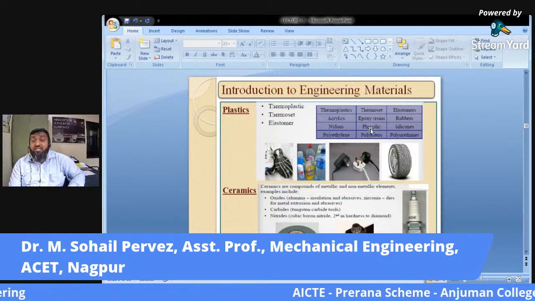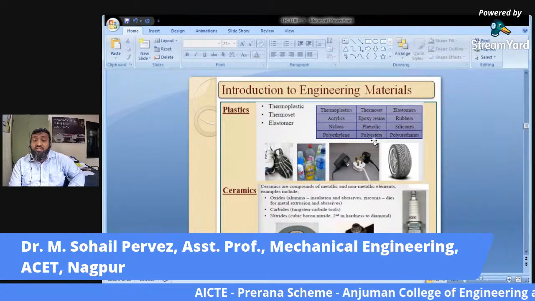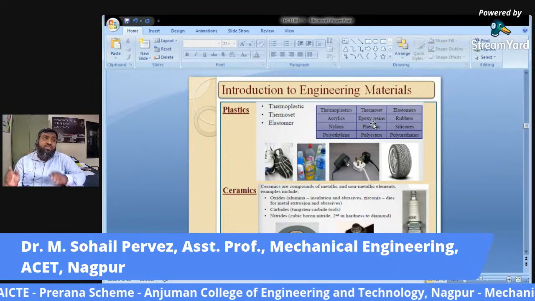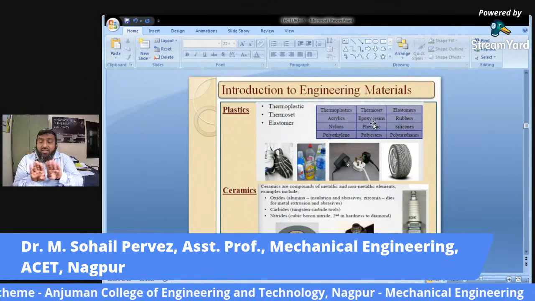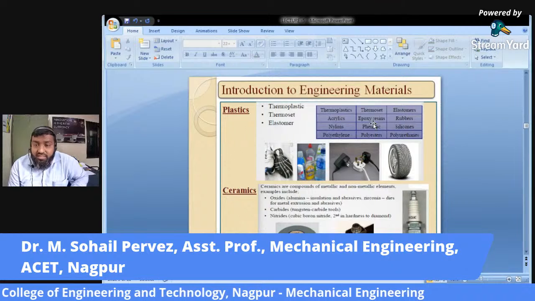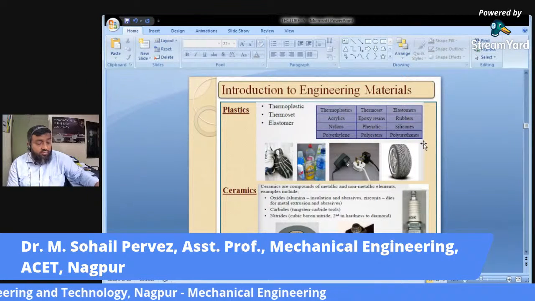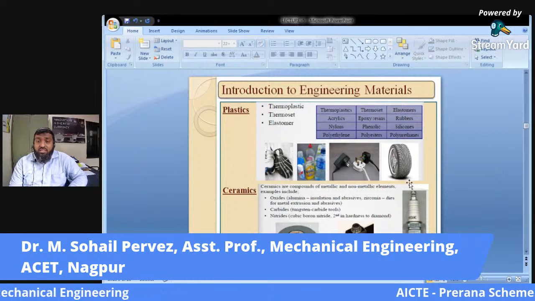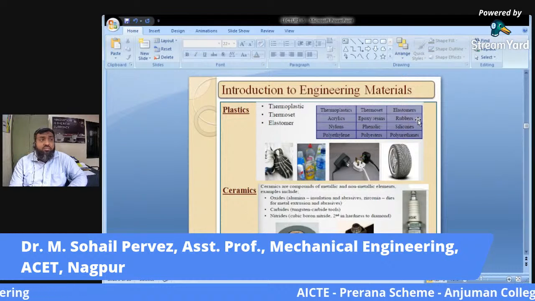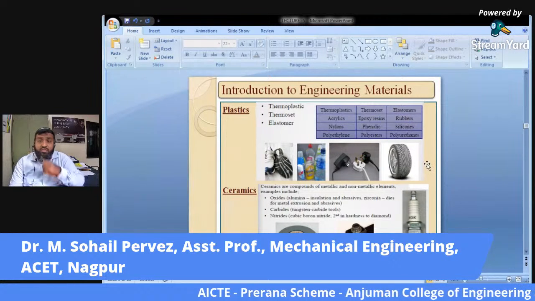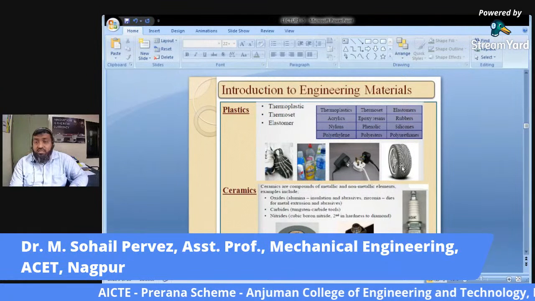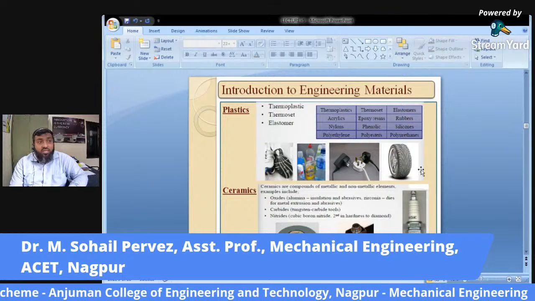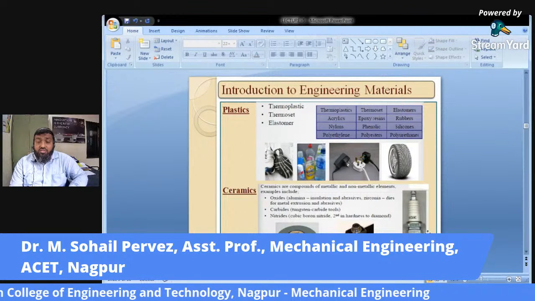You might have heard this name, epoxy resins, the product which is used as an adhesive, Araldite, phenolics, polyesters. Elastomers, the best product is rubber. Here it is given, silicones, polyurethanes. So these are the basic products.